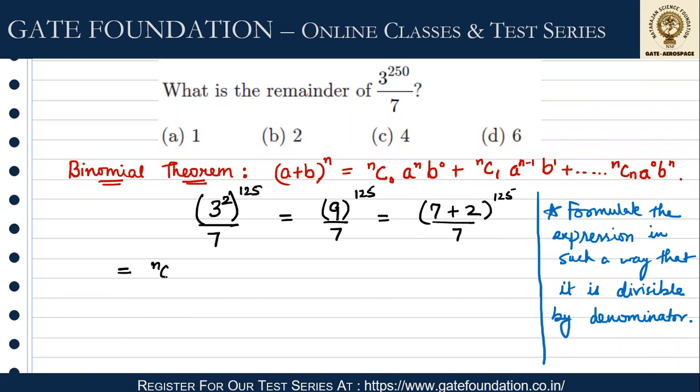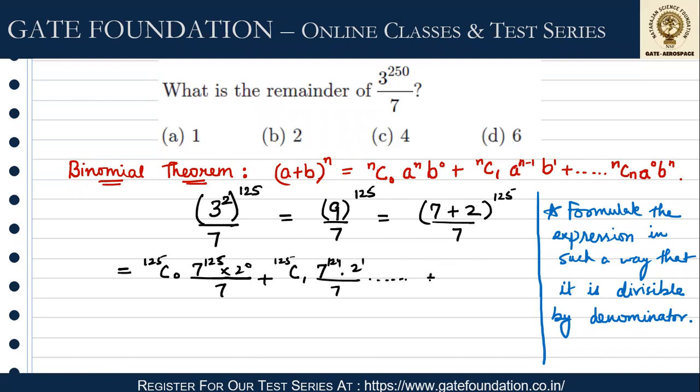So I'll get nC0 7 raised to 125 into 2 raised to 0, divided by 7, plus nC1, and n is 125 only. So 125C1 7 raised to 124 2 raised to 1, divided by 7, and so on.